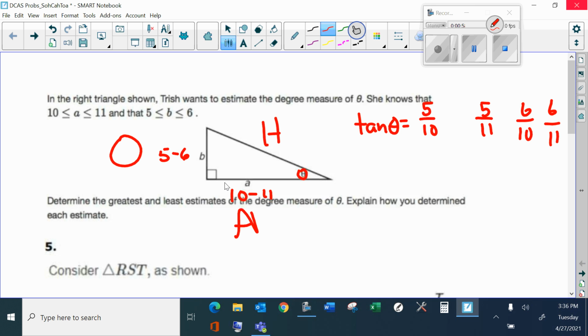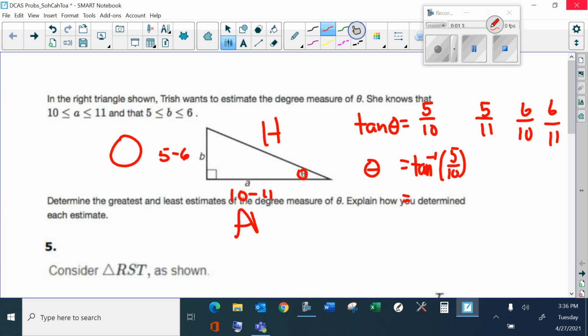We need to test all of those. So how do you solve for theta? It's the inverse tangent. That's how you get rid of tangent. I'm not going to keep writing inverse tangent, but it's going to be inverse tangent of all those.